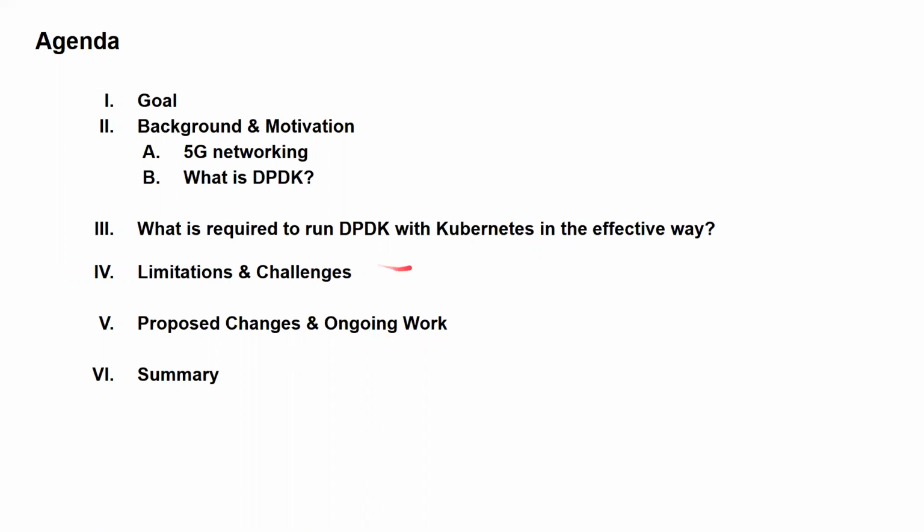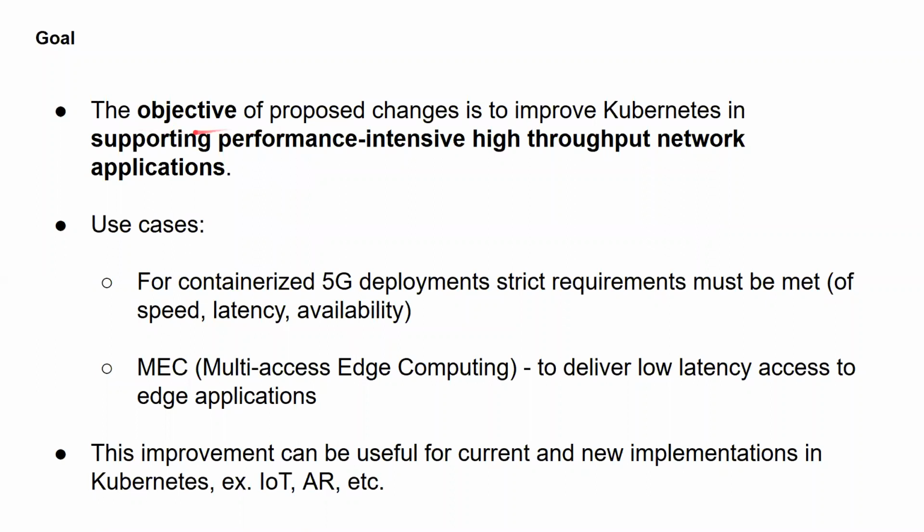Okay, let's get started. The objective of the proposed changes is to improve Kubernetes in supporting performance-intensive, high-throughput network applications. And actually, there are several use cases of that. For example, containerized 5G deployments have strict requirements about speed and latency that have to be met.